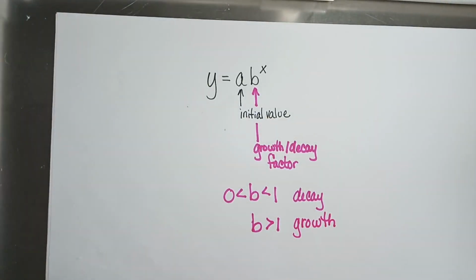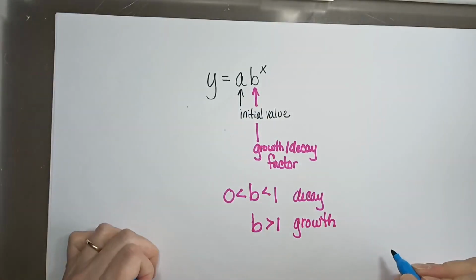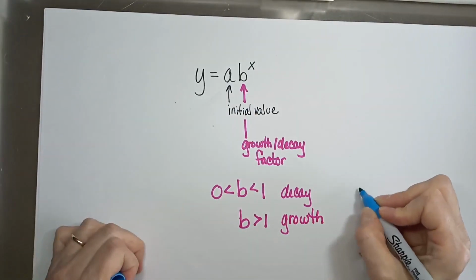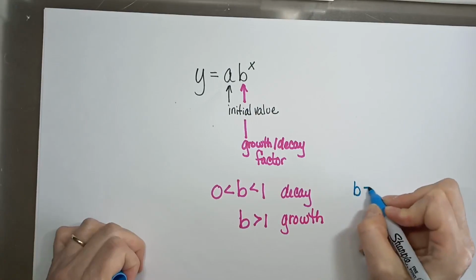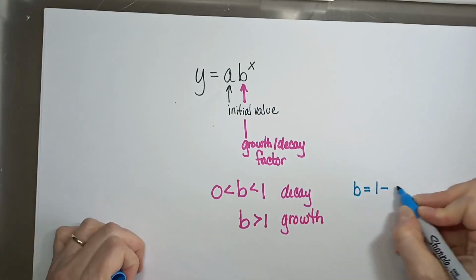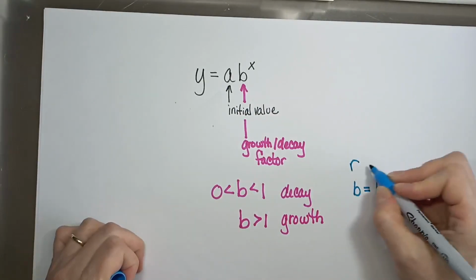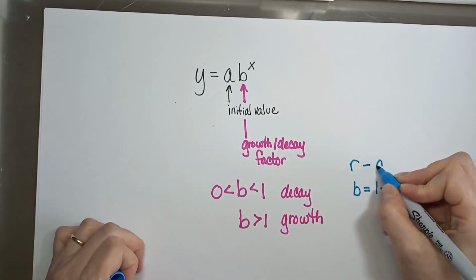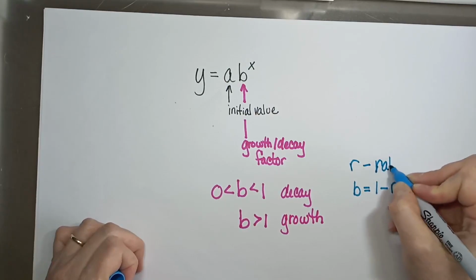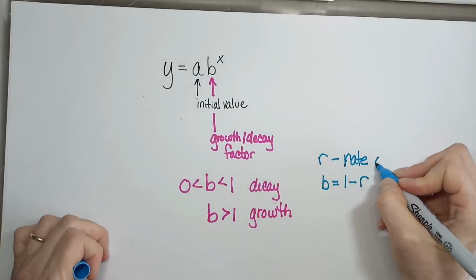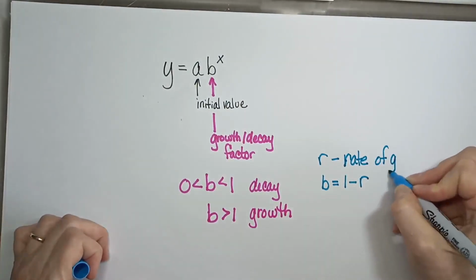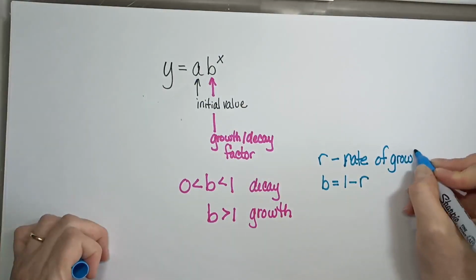And one other thing that I wanted to review with you was that when we are finding that growth factor, we also have something called the growth or decay rate, okay? And b equals 1 minus r, where r is the rate of growth or decay.